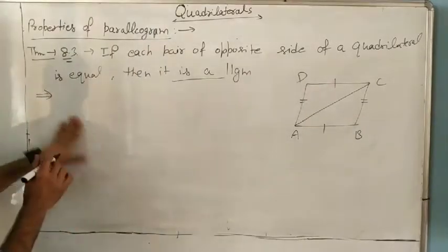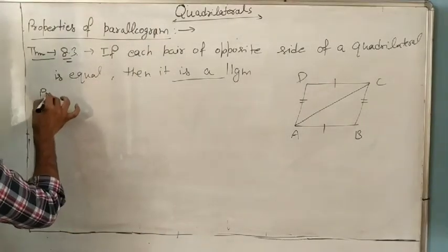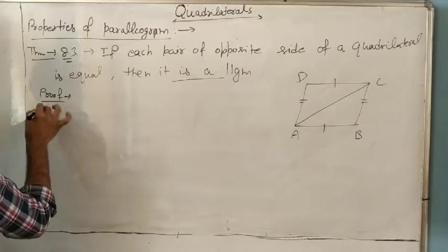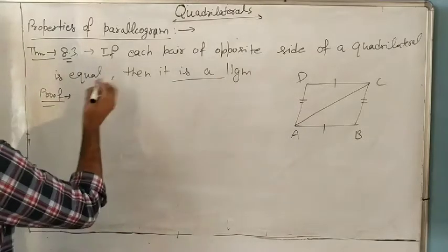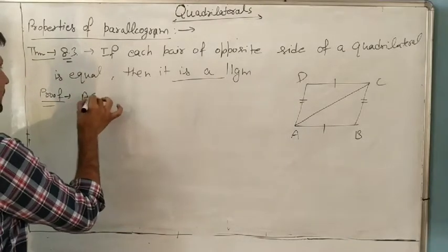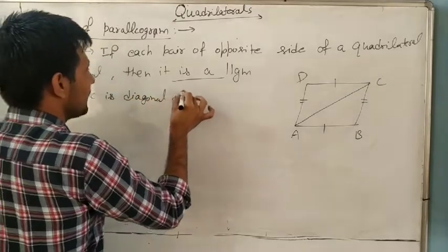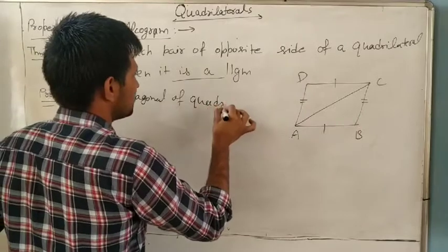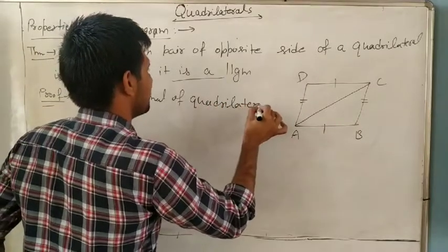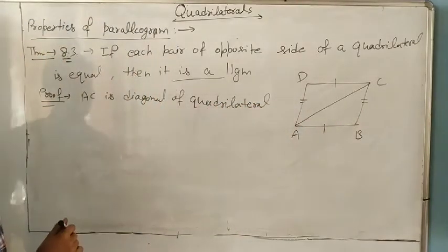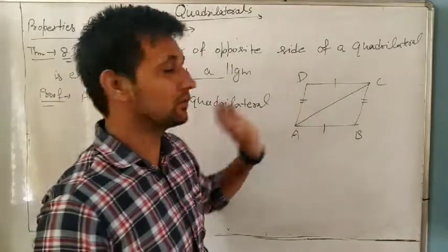Okay, so next is the proof. To write: AC is the diagonal of the quadrilateral. Okay, AC is the diagonal of this quadrilateral.